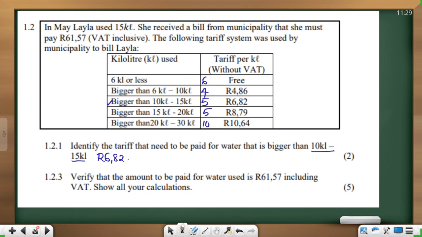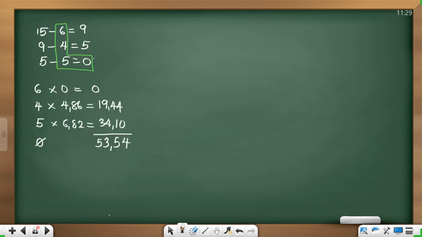Remember, this is a water bill. A water bill comes in rand. Now, verify that the amount to be paid for water is that, including VAT. They said VAT inclusive. So what do we need to do here? We need to calculate VAT inclusive.